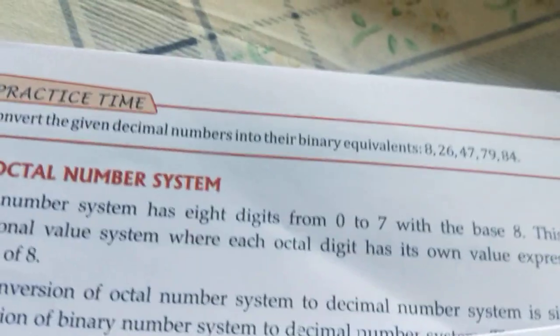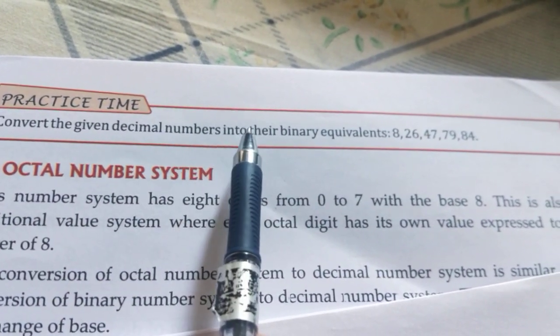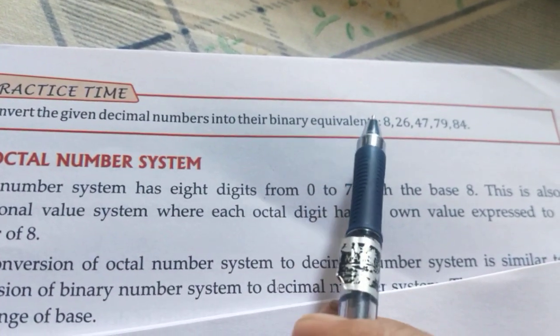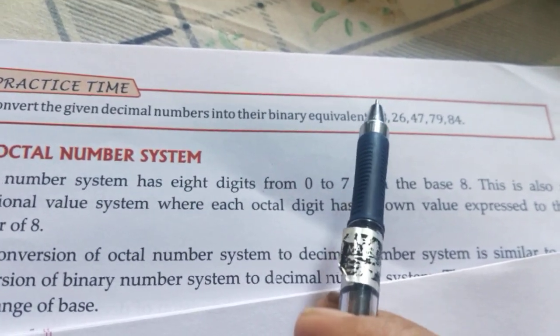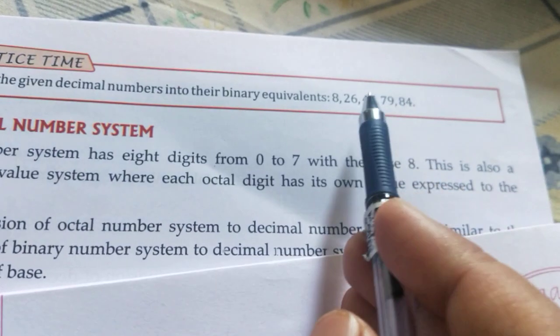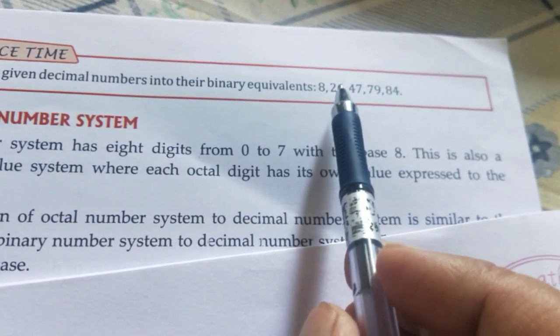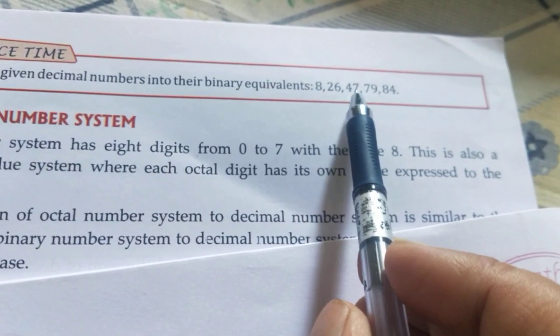Now over here they have asked you to convert the decimal numbers into binary equivalents. The first number over here is 8. You can do it. 26 can also be divided by 2 easily. You can also do it. Now there is 47. I'll do the number 47 for you.